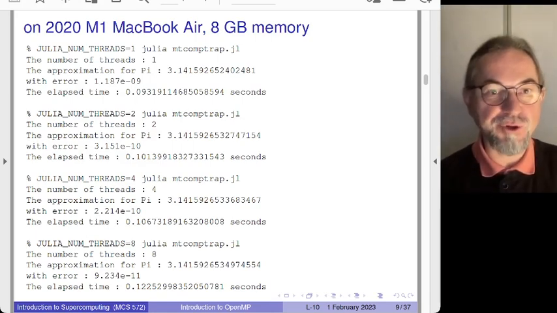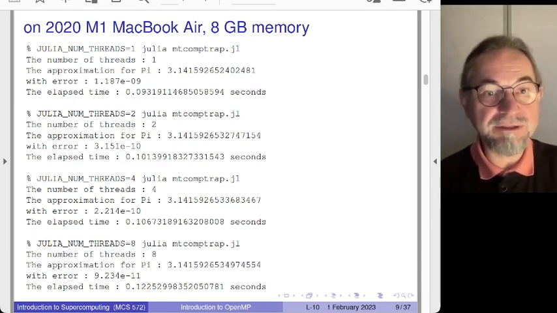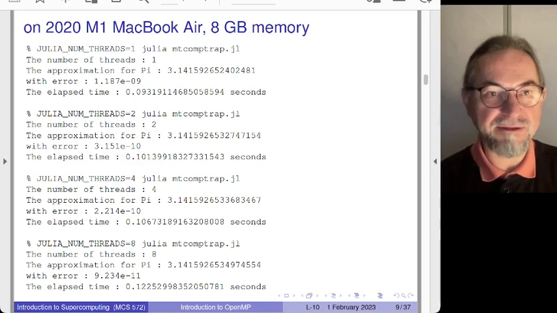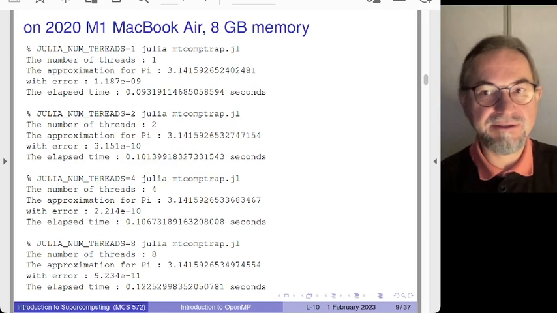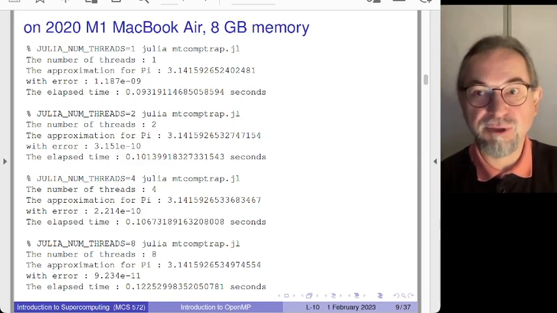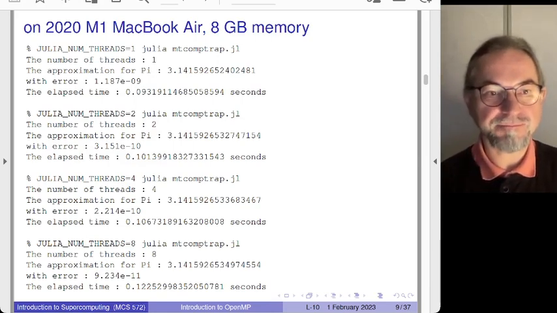So we are already working here with about 93 milliseconds with one thread. It goes to 101 milliseconds on 2 threads, 106 milliseconds on 4 threads. And then I have about 10 decimal places accurate. So if I can wait 93 milliseconds on one thread, then if I can wait 106 milliseconds, I have a much better approximation.